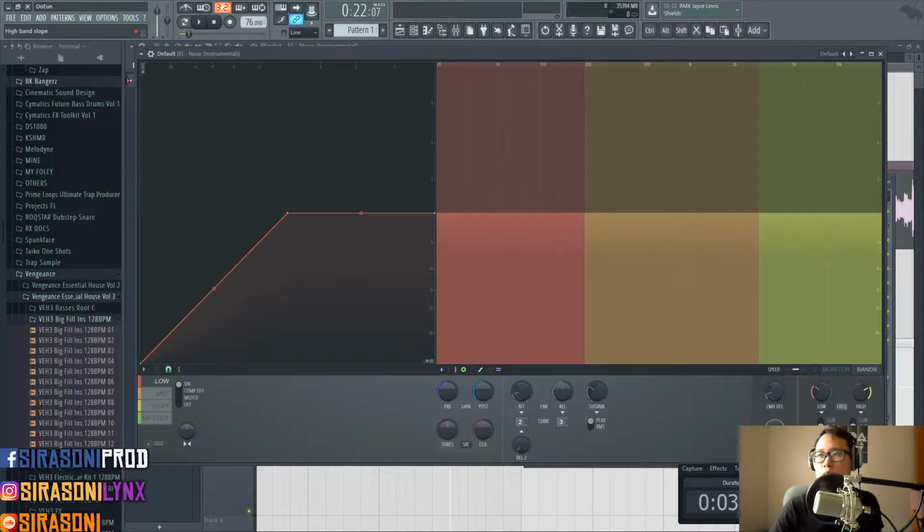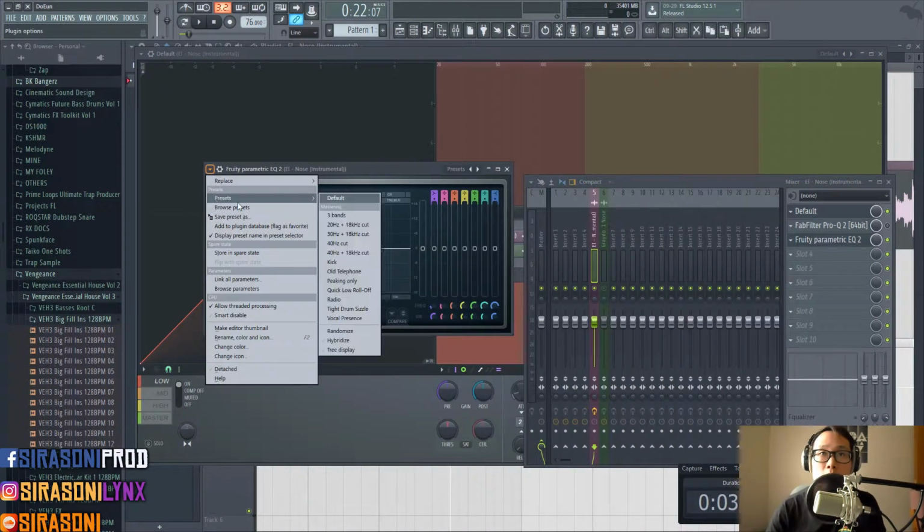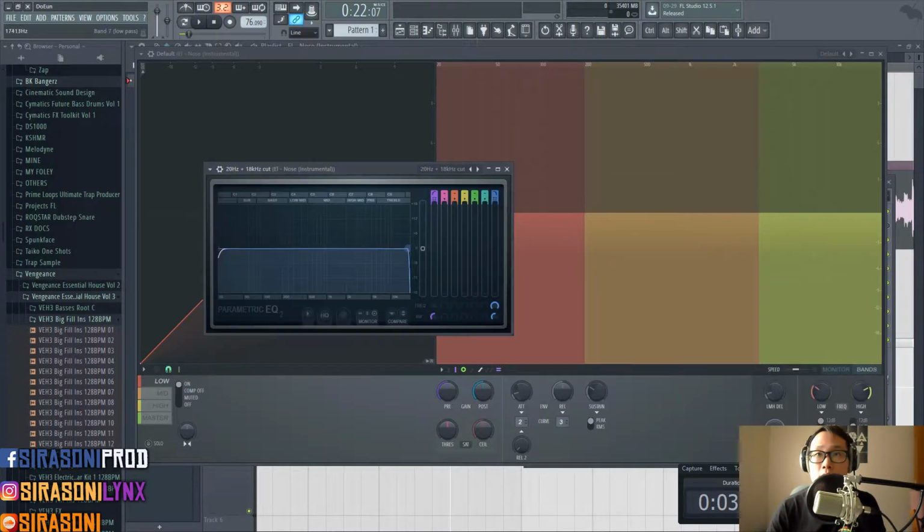You have these slopes right here, which is like what I explained in terms of EQ, right? It's how much that slope is bent. Obviously if it's like 24, it's a more gentle slope versus a steeper slope.